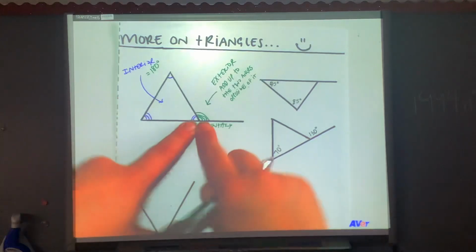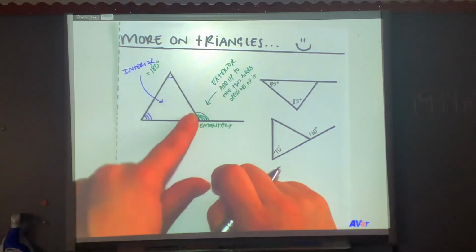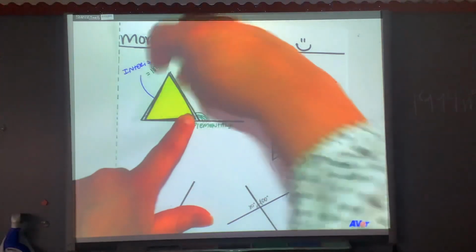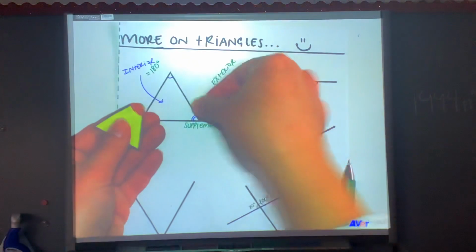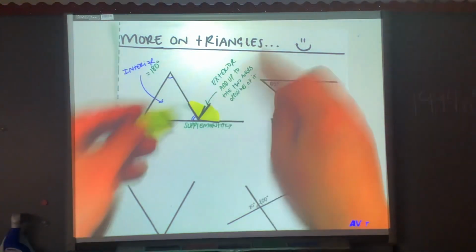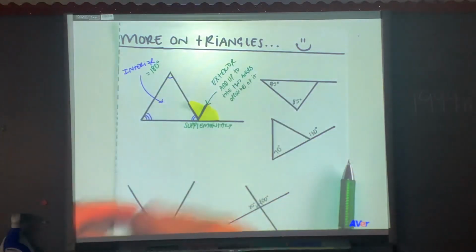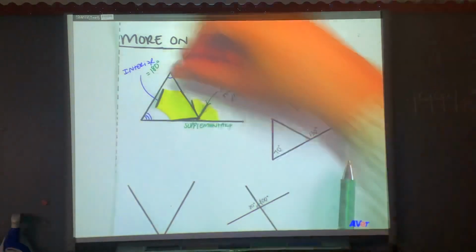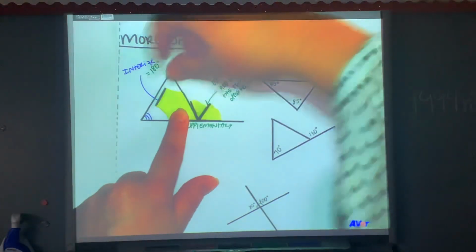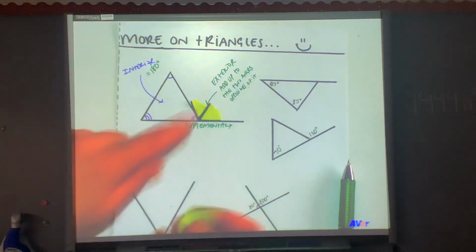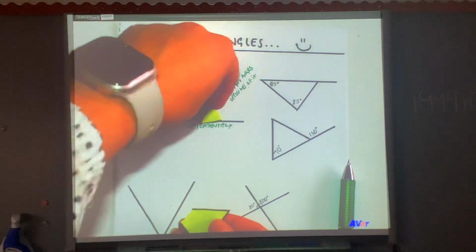So if these angles add up to 180, and all 3 of these angles add up to 180, that must mean that this plus this angle and this angle put together should all add up to 180 because that is right there, and it does. So we have 180 degrees because it was all triangles, so that's kind of interesting. The exterior angle will add up to the 2 sides over here. So I took off these 2 angles and I broke them off and put them there.